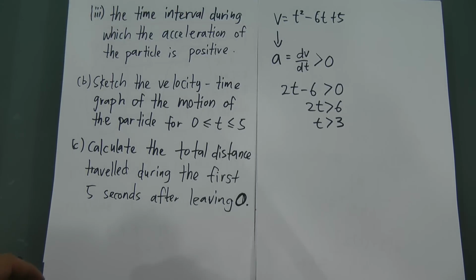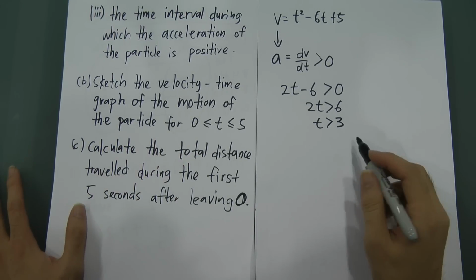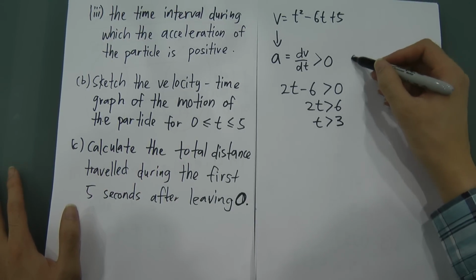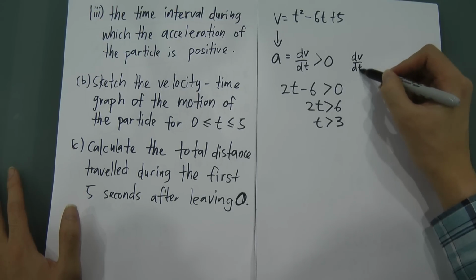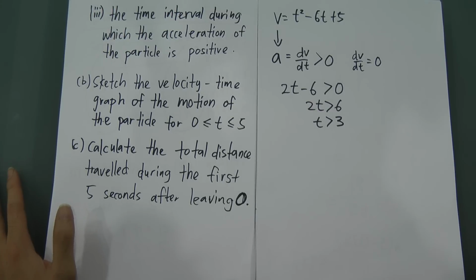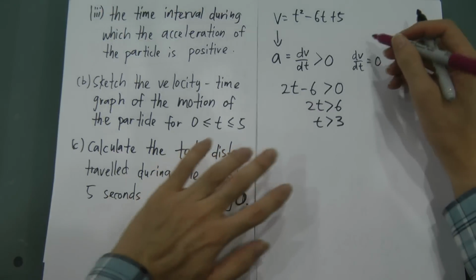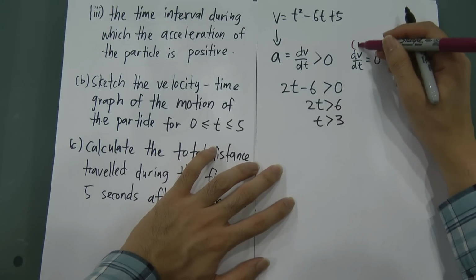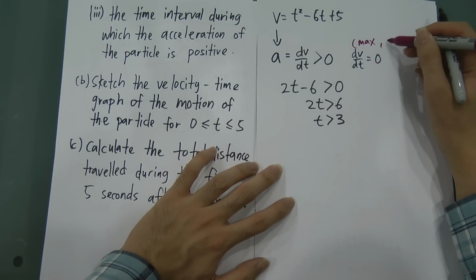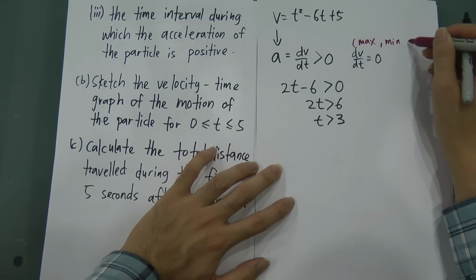And then, when dV/dt equals 0, what is the meaning? When dV/dt equals 0, that is the maximum speed or the minimum speed.